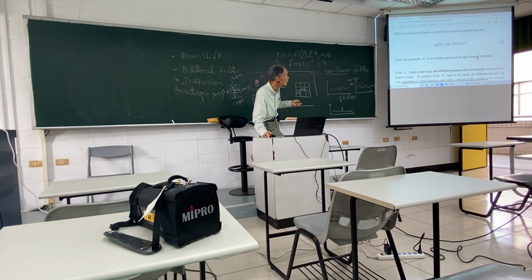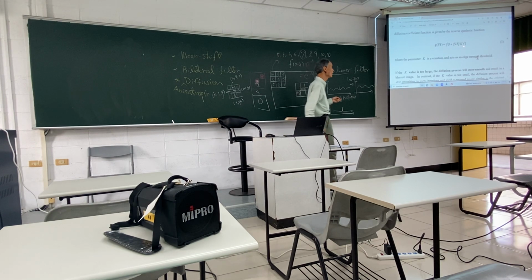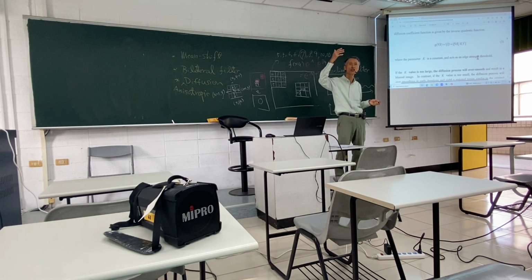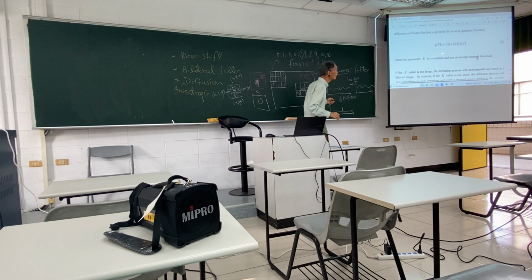But again, the user defines some constant k. Even in heat transfer, you need to define the temperature, what temperature you want to reduce. That's something like this. k is a constant defined by the user.